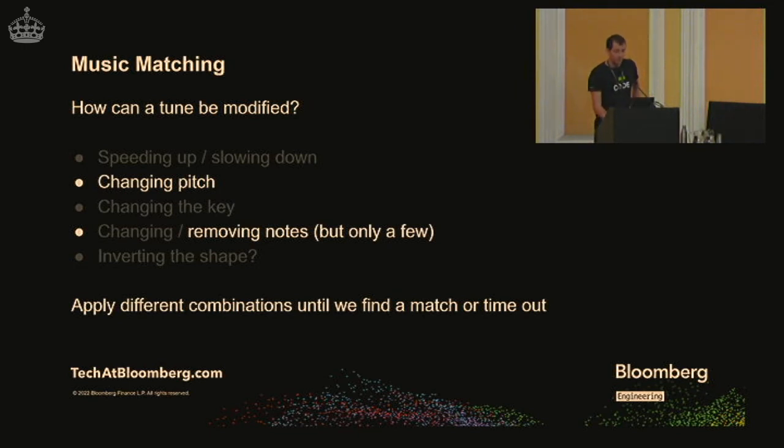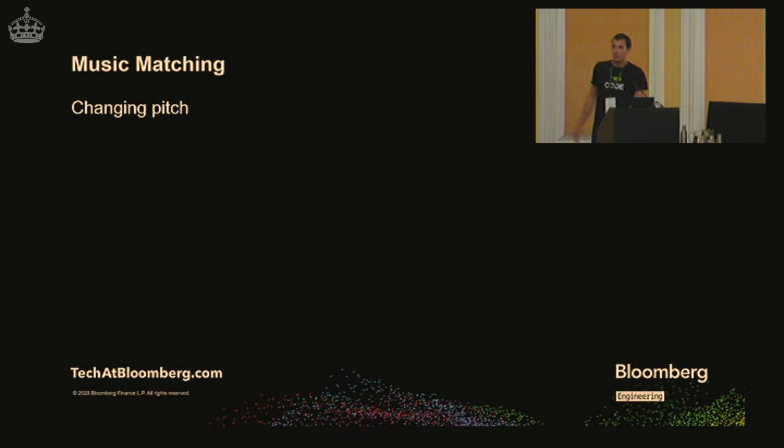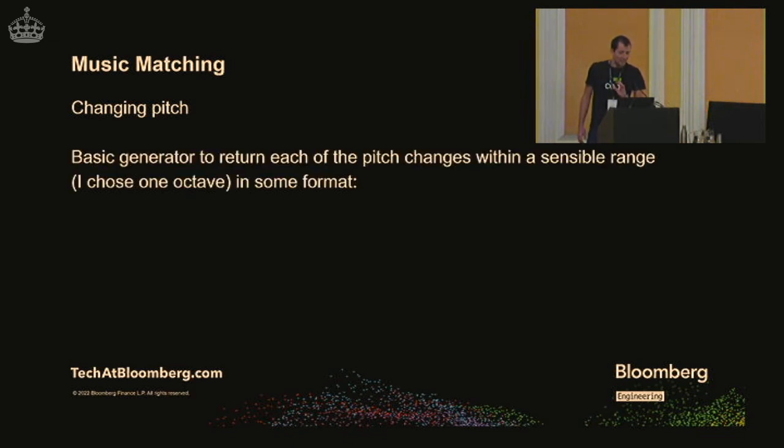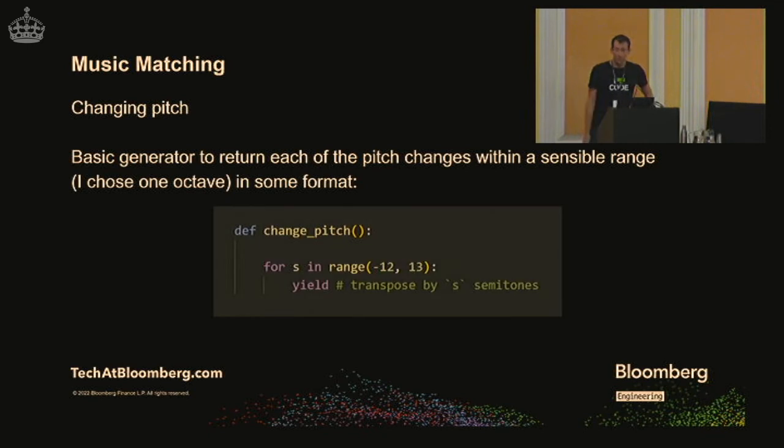How would we do this? Well, changing pitch is the easy one. We can just write ourselves a generator that spits out each pitch change in whatever format we want. One octave up or down would give us something like this.